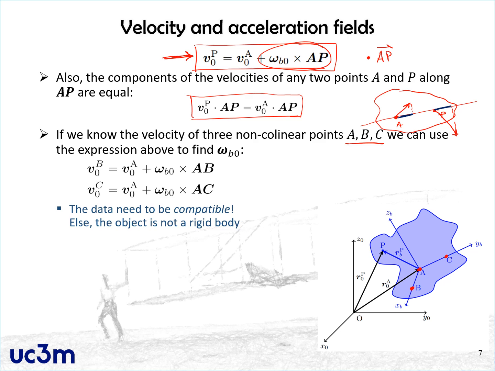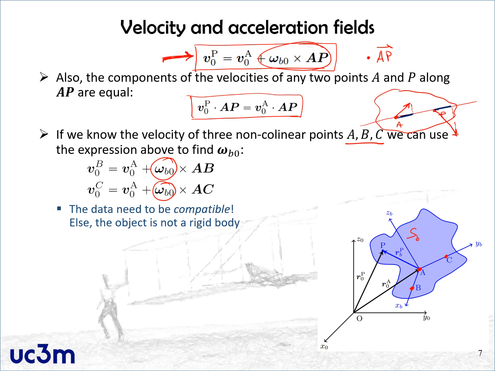same as before. So you can, first of all, use these 3 points to construct your reference frame SB, as we saw before. And you can also use them in the equation. You can place the data that you have into the equation of the velocity field to find out the missing information that you don't have. So in this case, the only vector that you don't know is the angular velocity vector.